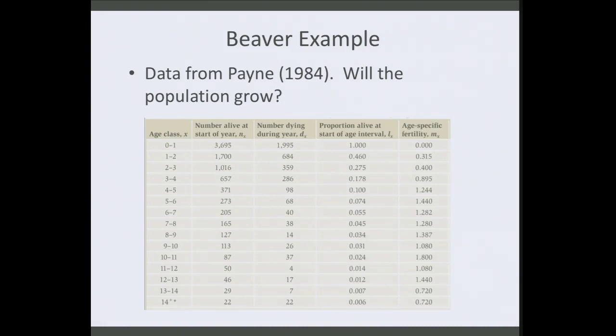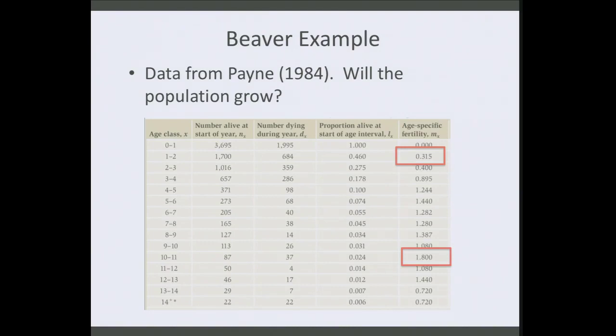So you'll notice that in year 1, there was on average 0.315 female offspring per female. So of those females that were alive at age 1, they produced on average 0.315 female offspring.